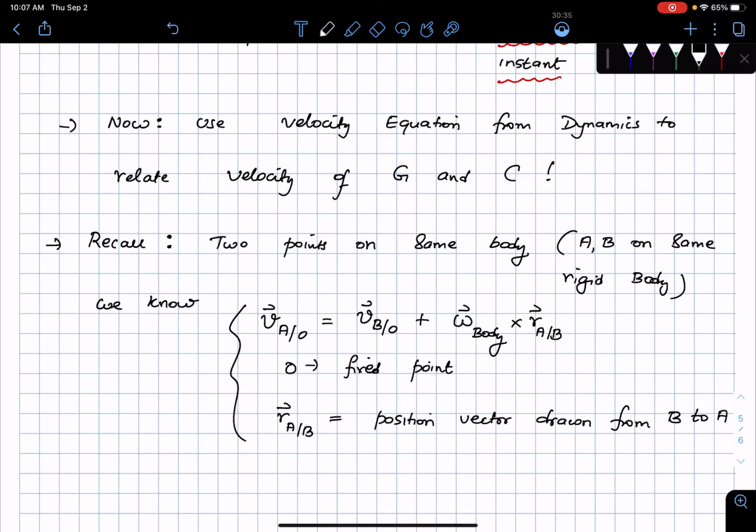You would have come across this equation when you look at rigid bodies. We're going to use that equation to relate the velocity of point G to the point C.